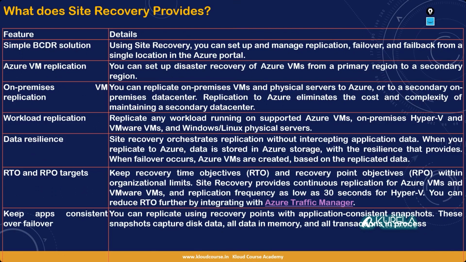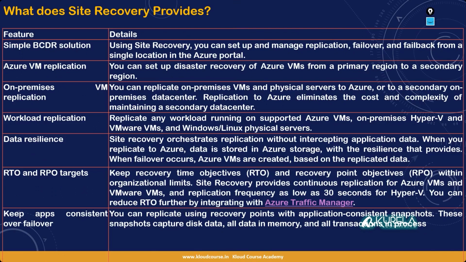In order to make RPO smaller, like 10 minutes, 5 minutes, or maybe 20, 30, 60 seconds, you have to have that many replications. So every 1 minute your server is backed up. Every 30 seconds your server is replicated.